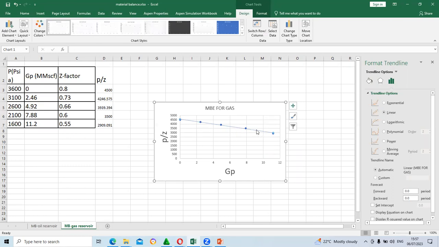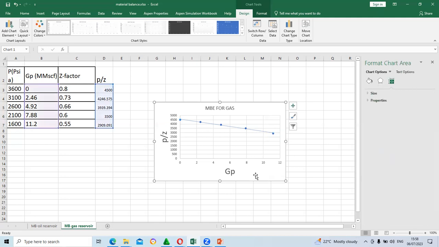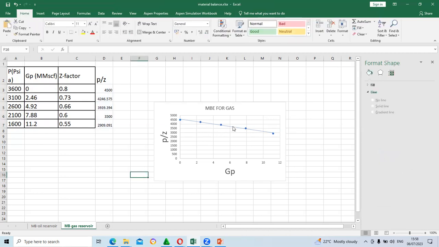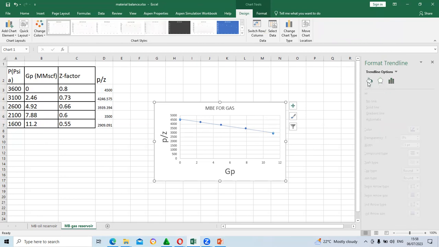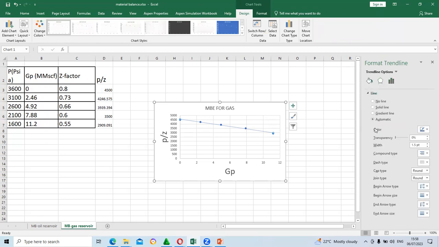Guys, my machine is freezing. I'll add the size of the line.